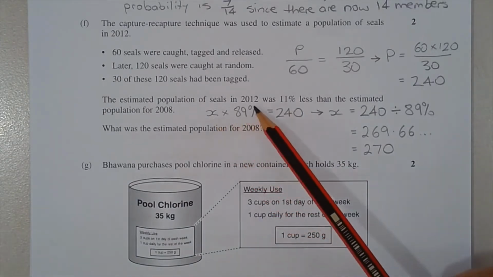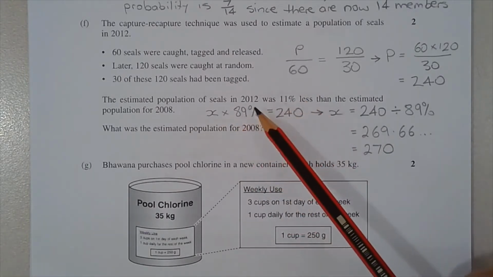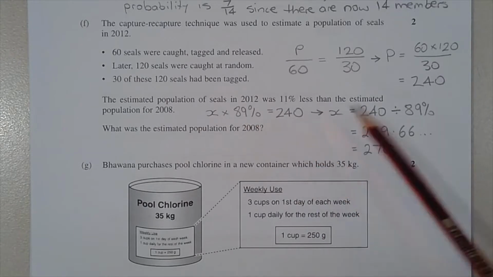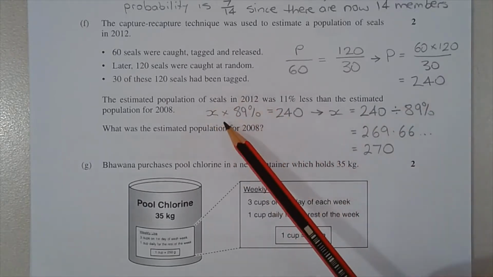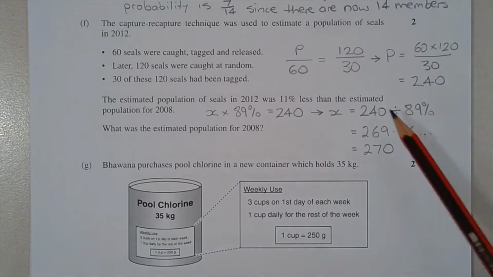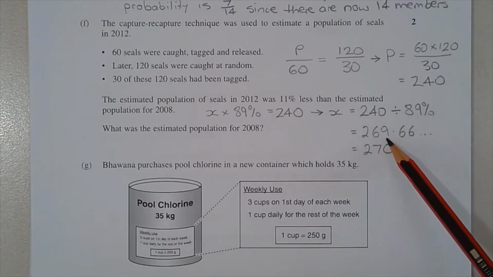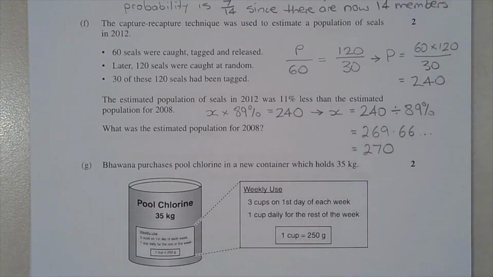So X times 89% is equal to 240. So after the reduction of 11% was applied, we have 240 seals. Let's reverse that by dividing 240 by 89%. So X equals 240 divided by 89%, which equals 269.66 and so on, and that rounds to 270 seals.